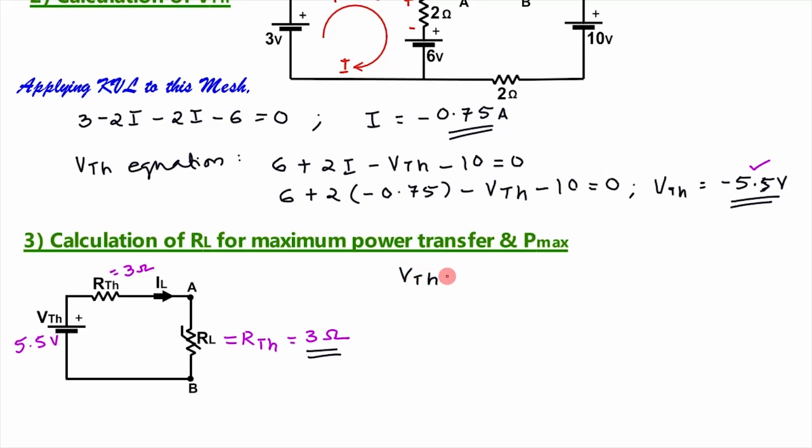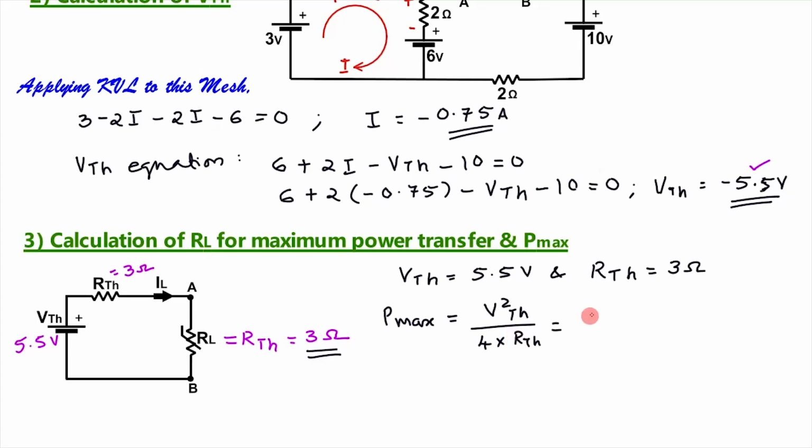As VTH is equal to 5.5 volt and RTH is equal to 3 ohm, maximum power transferred P max is equal to VTH squared divided by 4 into RTH, that is equal to 5.5 squared divided by 4 into 3, which is equal to 2.52 watts. So the maximum power delivered from the circuit to the load is 2.52 watts, and at that time load resistance will be 3 ohm, which is the Thevenin resistance.